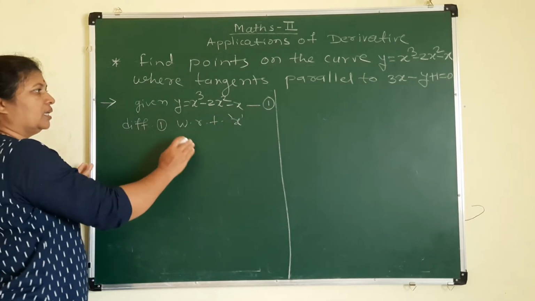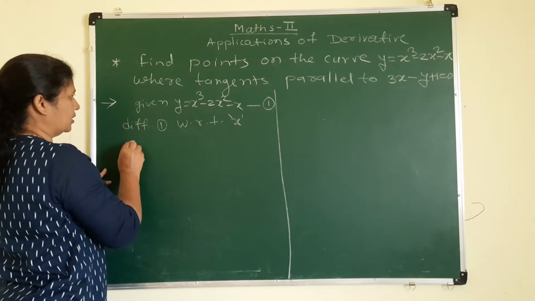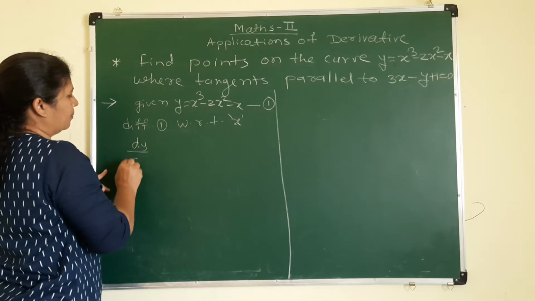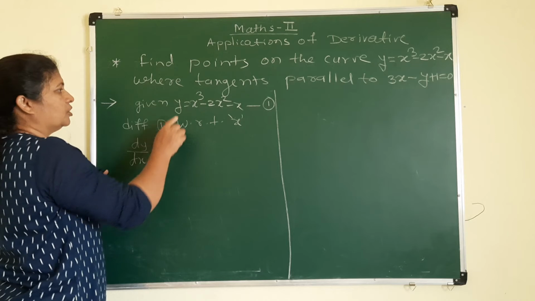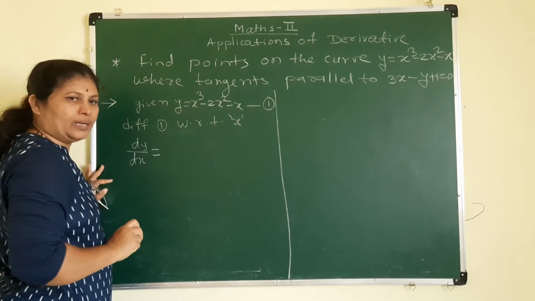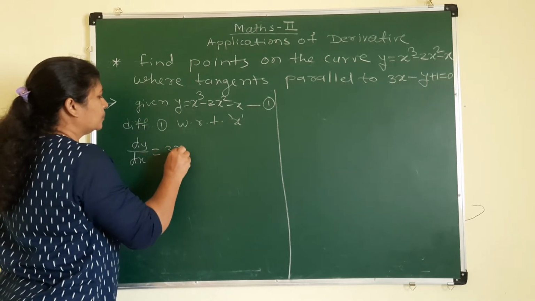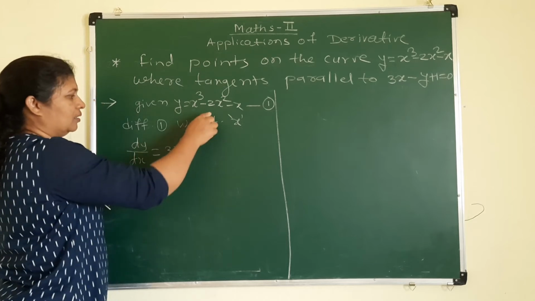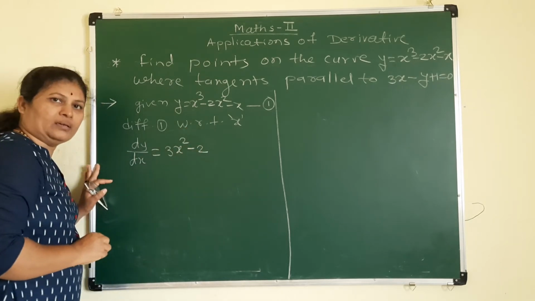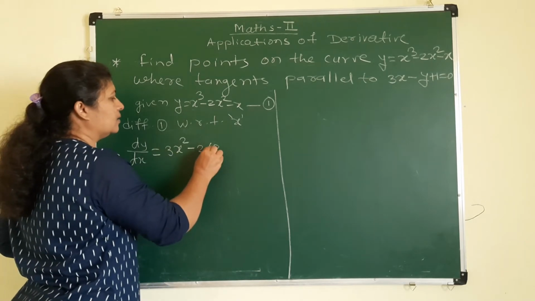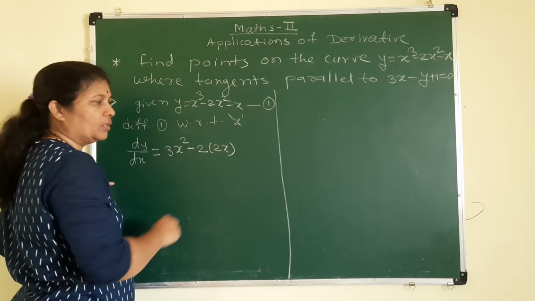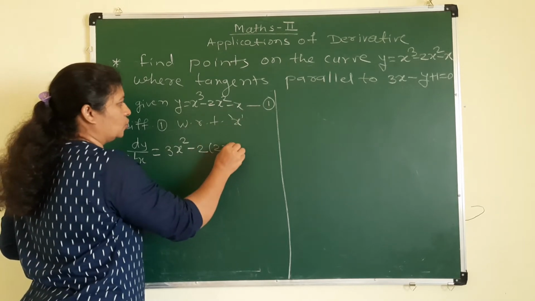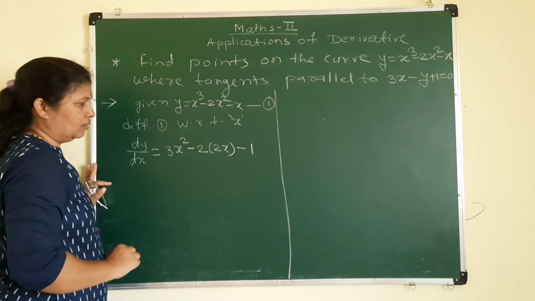Okay, so consider first of all differentiating this. dy by dx is equal to, first of all, x cube is there, so its derivative will be 3x square, minus 2 times x square. Derivative of x square is 2x, minus x, so its derivative is 1.